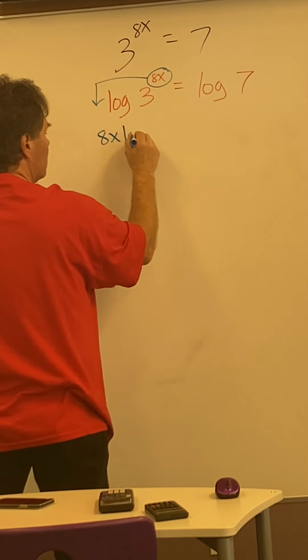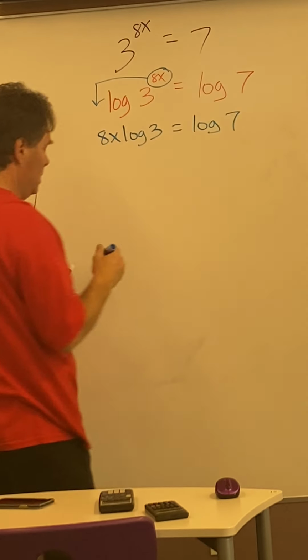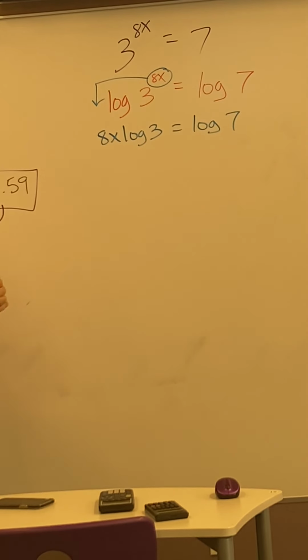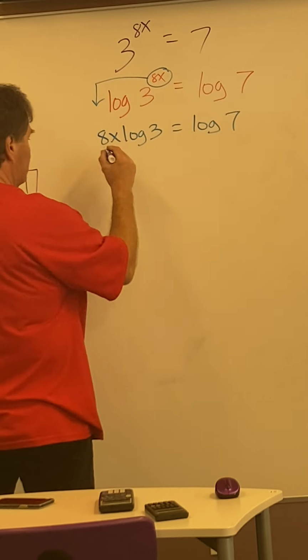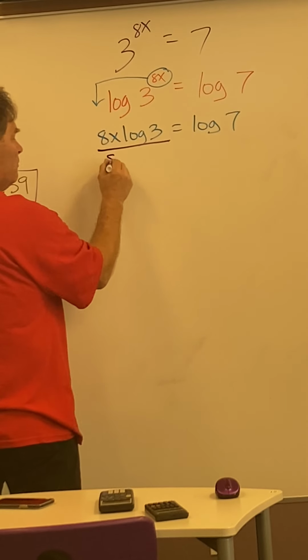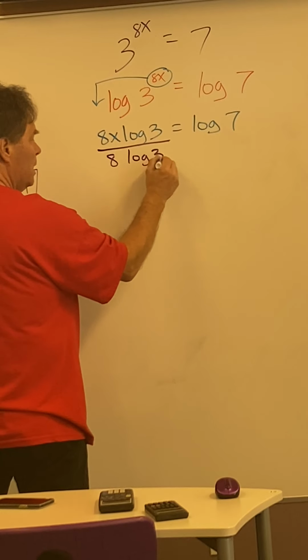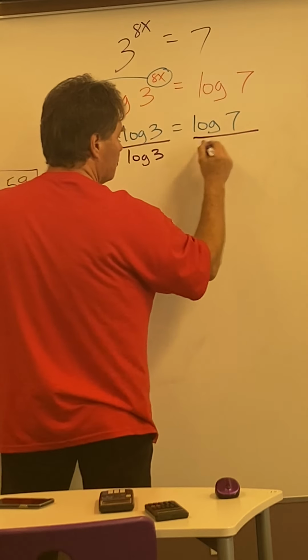8x log 3 equals log 7. Now, I have 8 times x times log 3. I don't want that. I just want x. So to get rid of 8, I'm going to divide by 8. To get rid of times log 3, I'm going to divide by log 3. So I'm going to divide by 8 log 3.